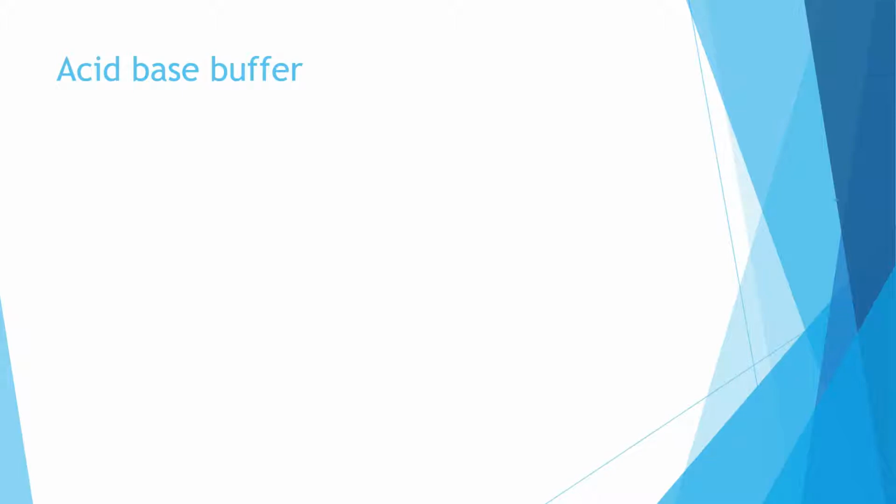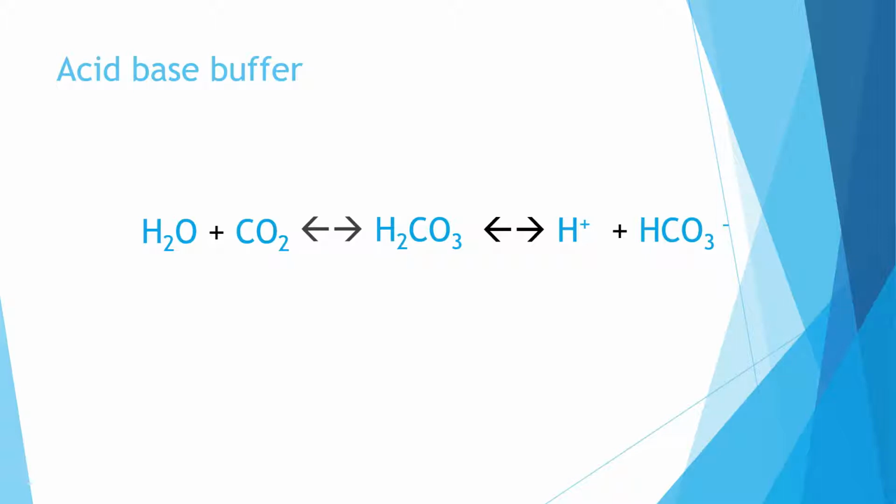Before we get into how to really interpret an ABG, let's quickly take a look at the acid-base buffer. In our body, we have water plus carbon dioxide in equilibrium with H2CO3, in equilibrium with H plus and HCO3 minus. This is the bicarbonate buffer system, a homeostatic mechanism that involves balancing carbonic acid, H2CO3, bicarb and carbon dioxide to maintain a normal pH in the blood.